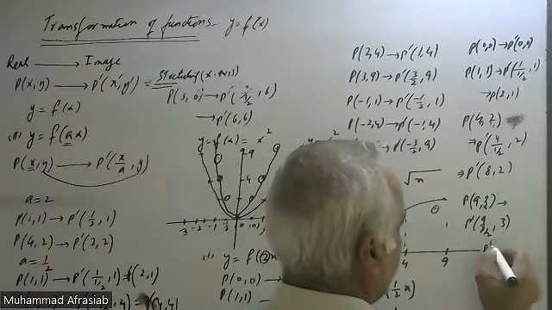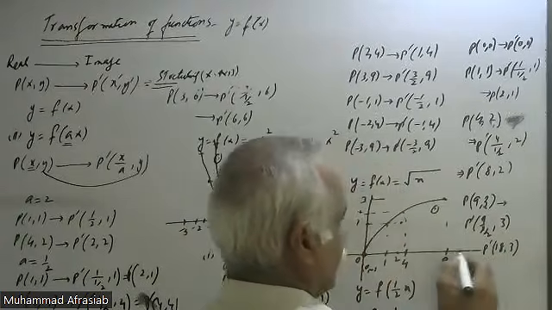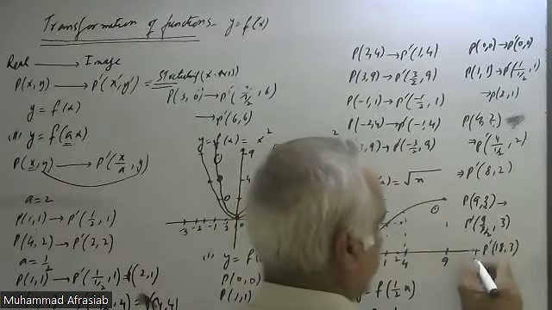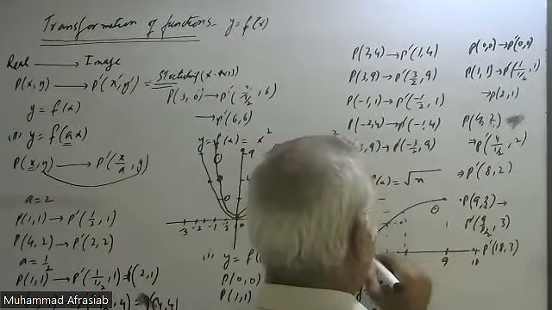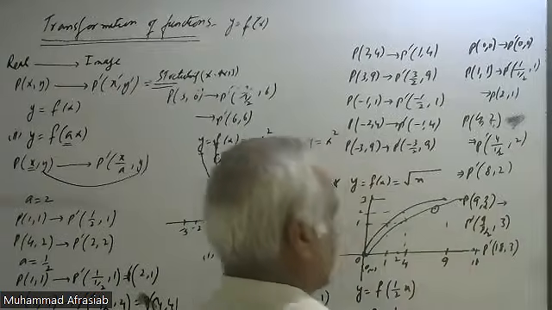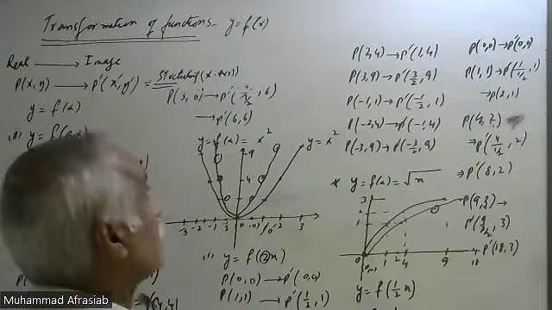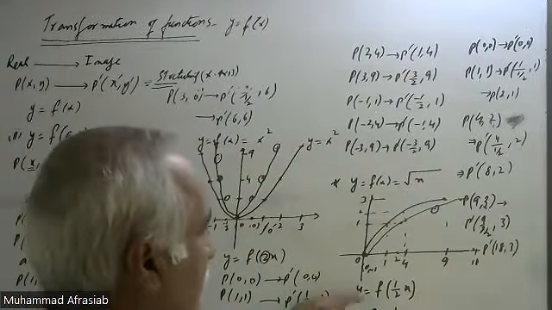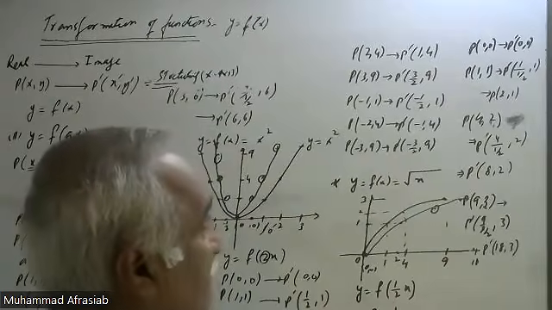So that is equal to 18 and 3 here. So here is 18, and there is 3. So the graph of this will be like this. So it is basically the stretching along the x-axis with respect to the factor a equal to half.